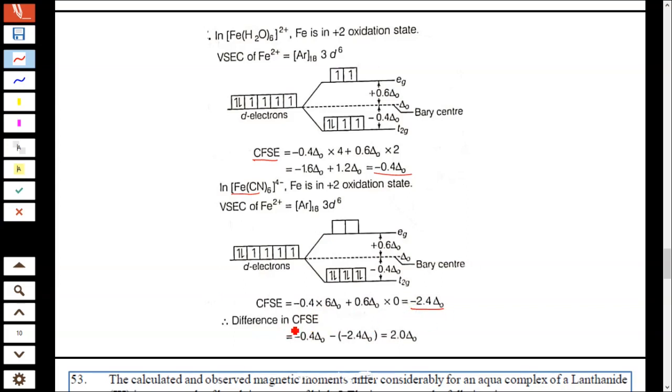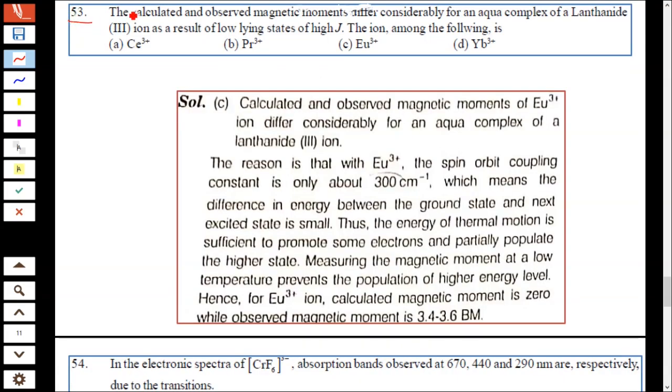Hence the difference is minus 0.4 minus minus 2.4, that is minus into minus plus, so it is 2.0.